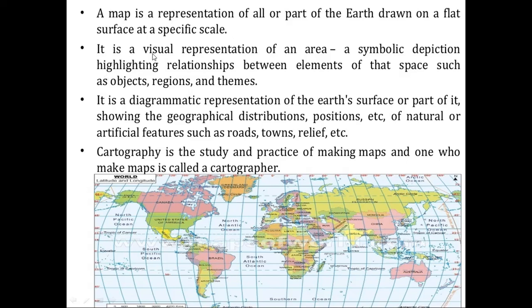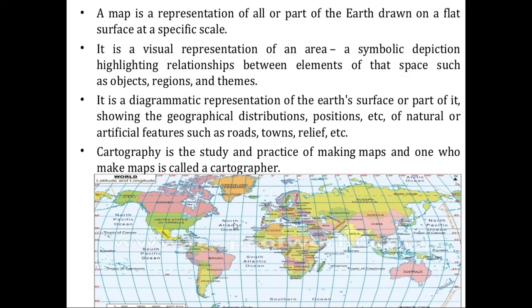It is a visual representation of an area, a symbolic depiction highlighting relations between elements of that space, such as objects, regions and themes. If you observe this map, some areas are highlighted with different colors, yellow, cyan, some blue.